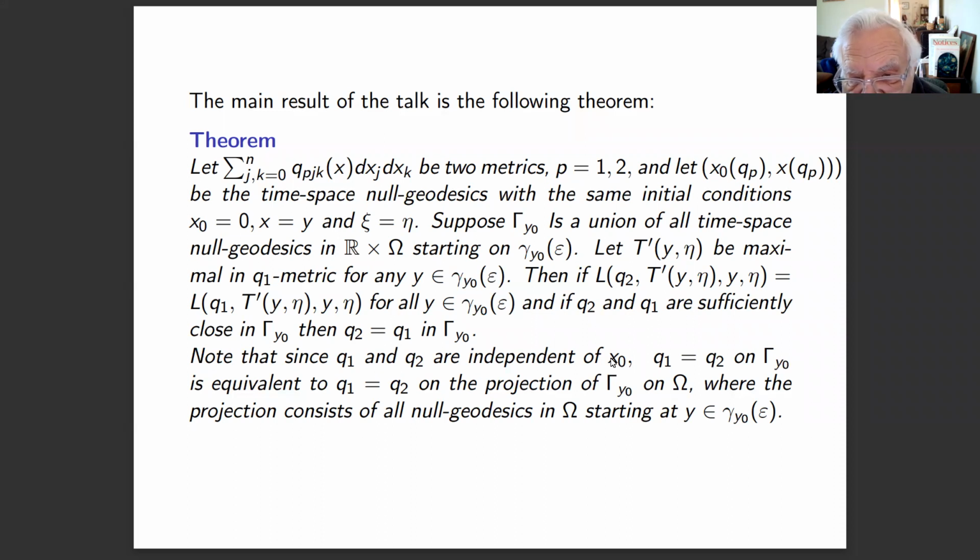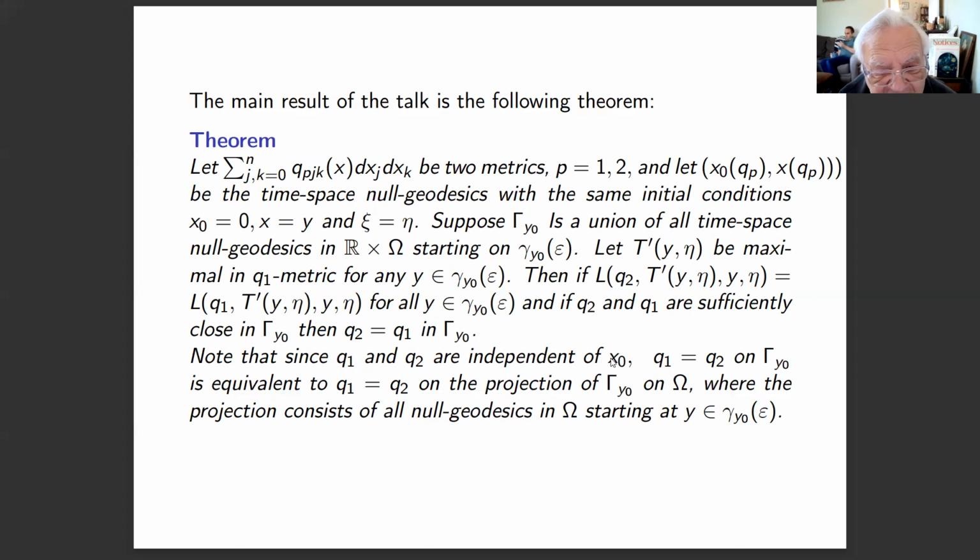Then if L(Q_2, T prime, y, eta) equals L(Q_1, T prime, y, eta) for all y in this neighborhood, and if Q_2 and Q_1 are sufficiently close in some norm on this set Gamma(y_0), then Q_2 equals Q_1 in Gamma(y_0).